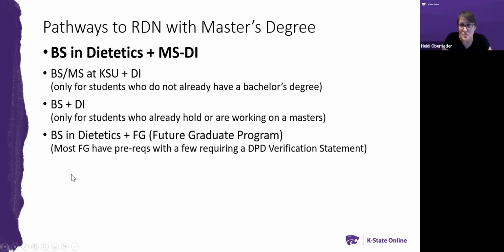There are also some new programs that have been formed in the last 4 years. And I don't want it to confuse you. So just know, put it in the back of your head that there's lots of options for you. So when you graduate with your BS in Dietetics, we have several options for you to follow, and we will be here with you to help you know which one is best for you. Other DPD programs in the country don't give you that support.